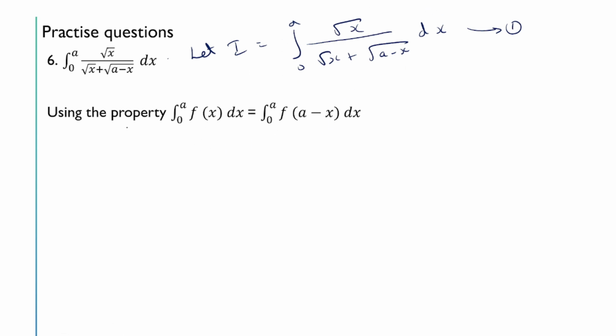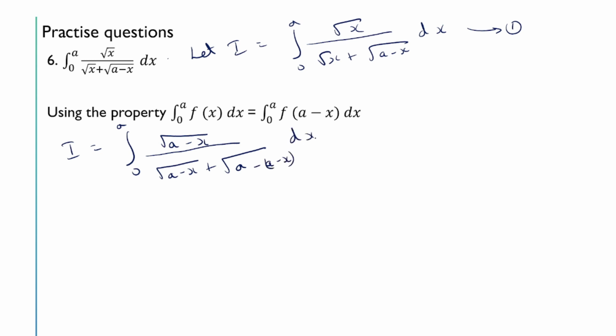So we will write the same integral using this property. The same integral I is equal to integral 0 to a f of a minus x. In place of x we have to substitute a minus x. Root of a minus x upon root of a minus x plus root of a minus, x into dx.